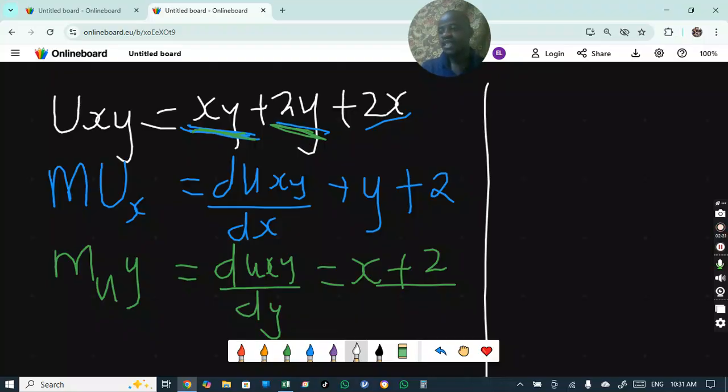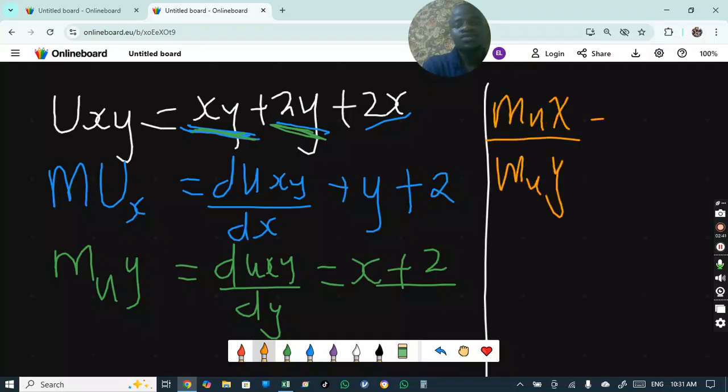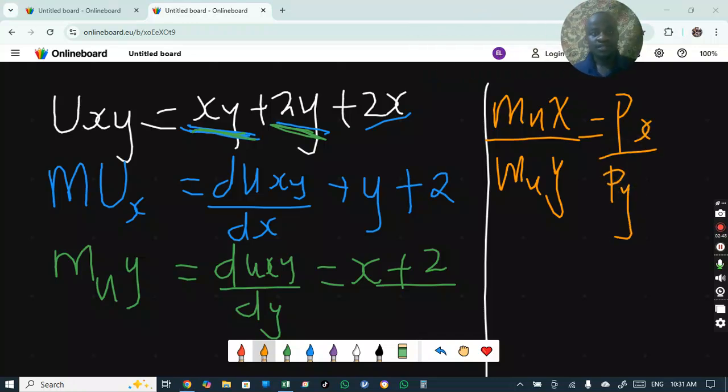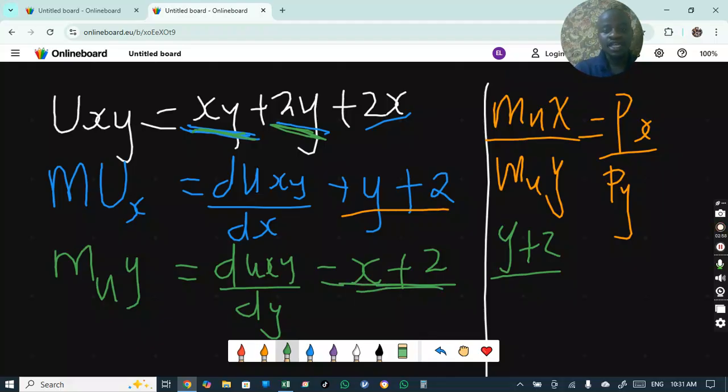We know very well that generally the marginal utility of x all over the marginal utility of y should be the same as the price of x all over the price of y. We found the marginal utility of x to be y plus 2, and the marginal utility of y to be x plus 2.